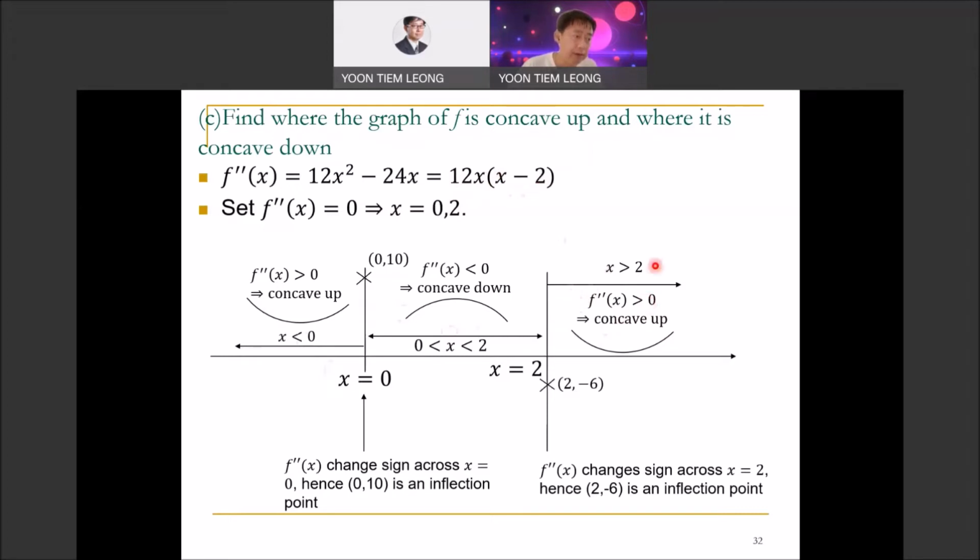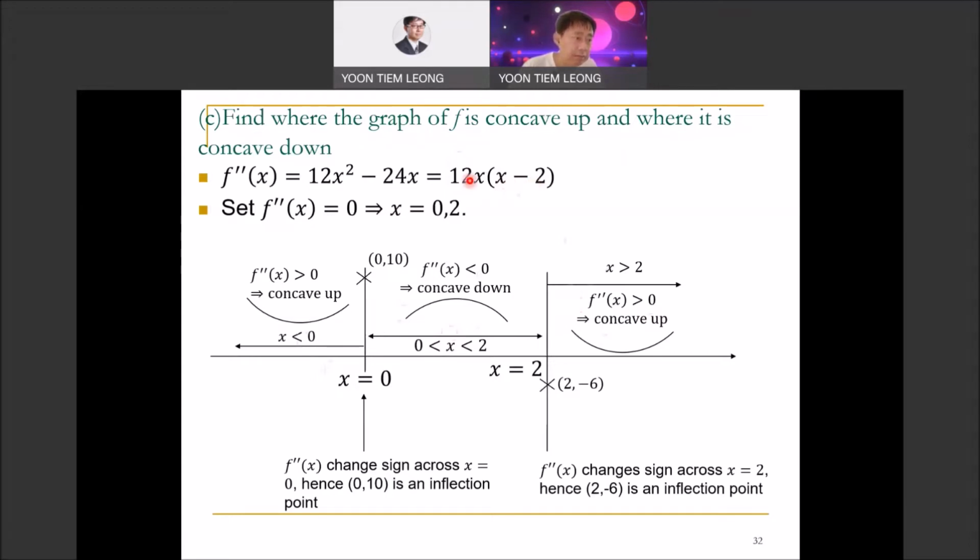And for f prime prime between 0 and 2, so for x which is between 0 and 2, the factor of 12x is always positive. But since x is less than 2, this factor is negative. So you have a negative factor times a positive factor.